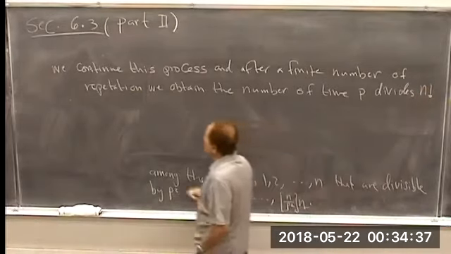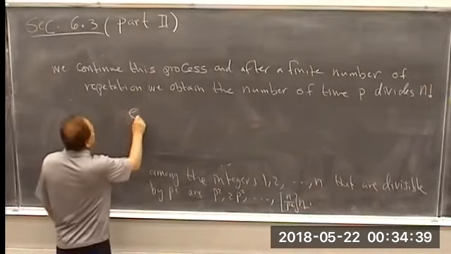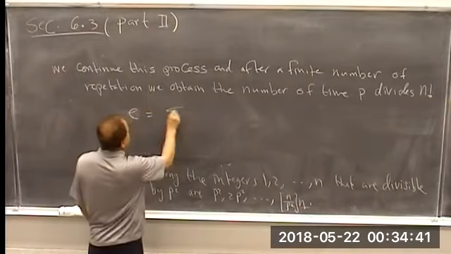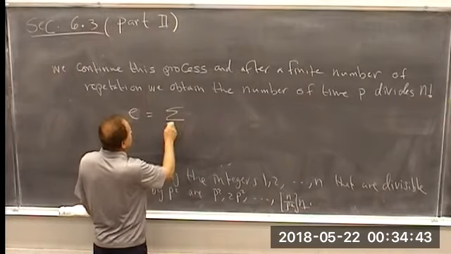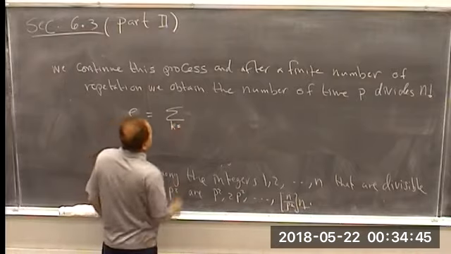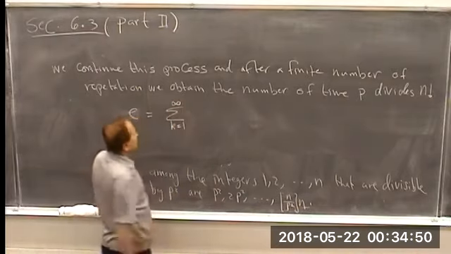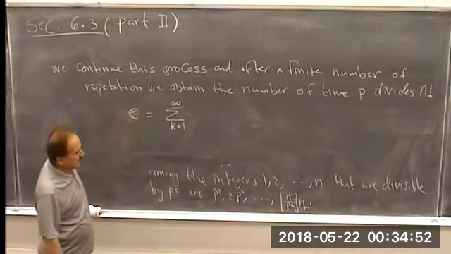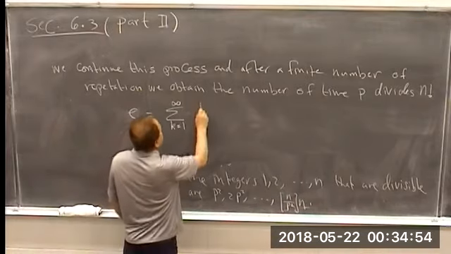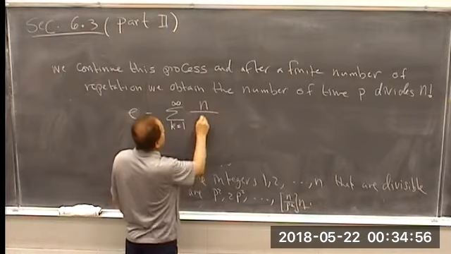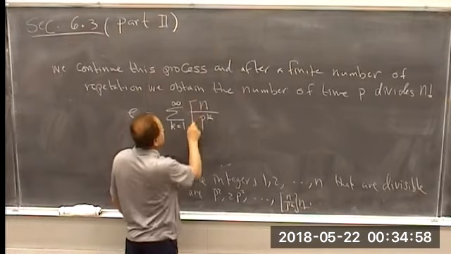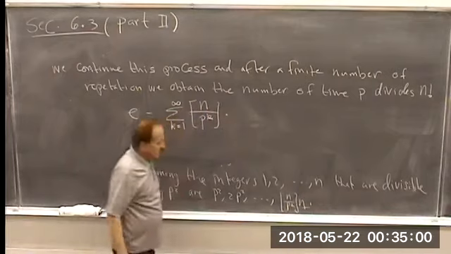This number is expressed, as I said, as an infinite sum, but this is in fact a finite sum. This way we don't have to restrict ourselves to a finite number here: the sum of n over p to the k in a bracket.